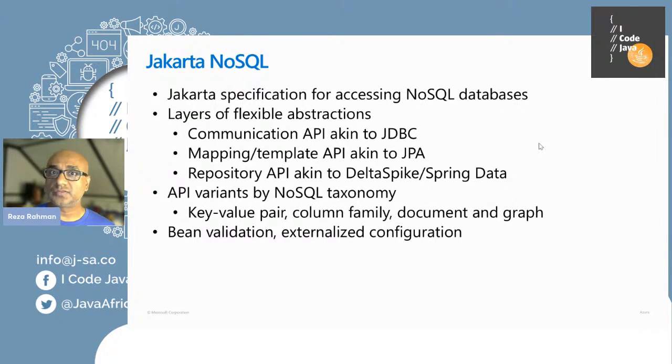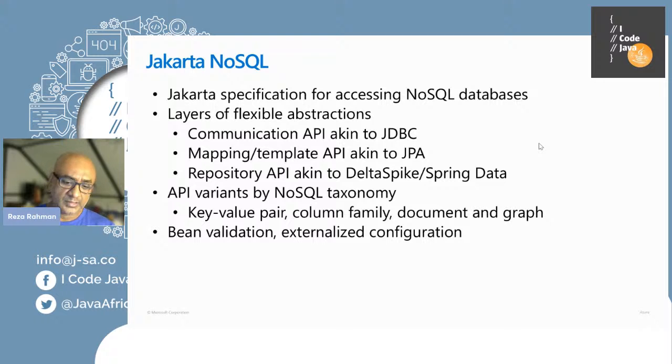And within each of these nodes in the graph, you will also have data fields, just like you would for any of the other variants of databases. So again, multiple layers of abstraction, and then multiple flavors of the API, but not many, just four different flavors, each mapping to the larger-scale taxonomy of NoSQL databases. That's how Jakarta NoSQL works.